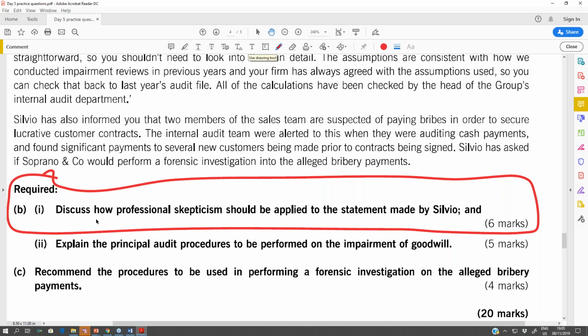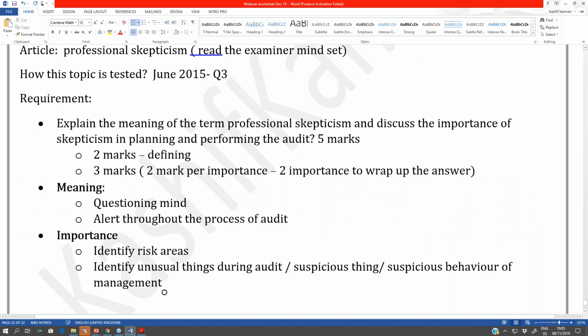How would you apply professional skepticism to the statement made by Silvio? Now that's a case specific situation. There must be a statement made by Silvio in the case study, and we need to discuss how professional skepticism should be applied to it. Now that means case specific.